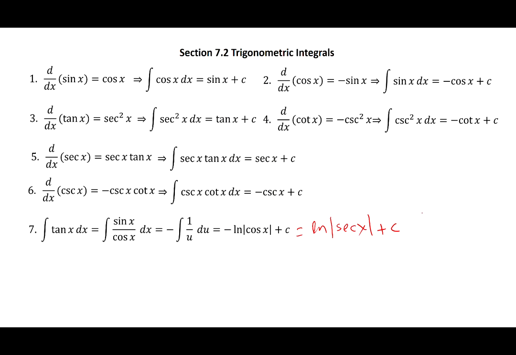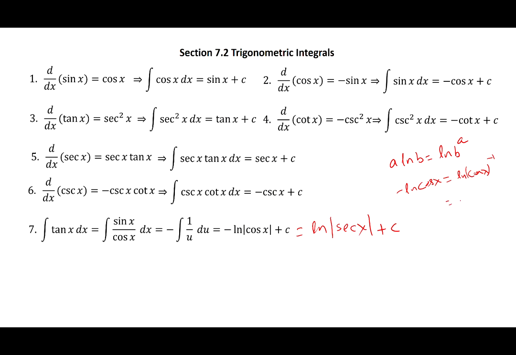When we have a times natural log of b, would you agree that is nothing but natural log of b to the a? So can we write this negative natural log of, I'll drop the absolute value, cosine x, as natural log of cosine x raised to negative 1?